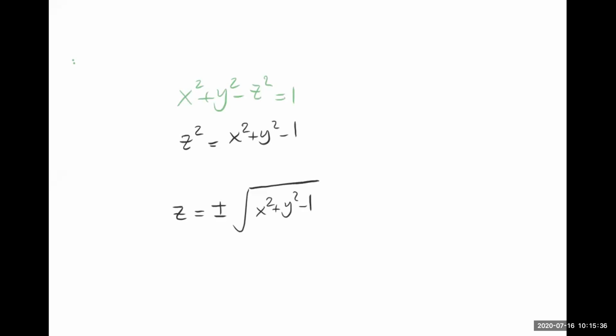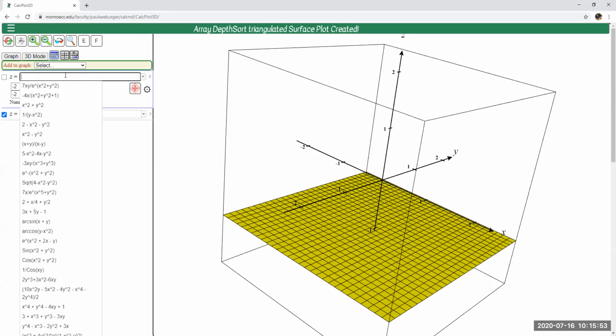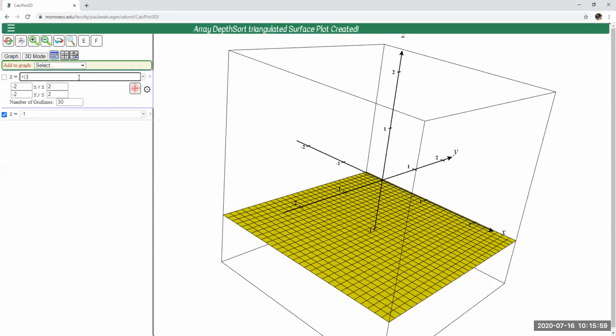Let's sketch the graph of this one. Well, let's ask the computer to sketch the graph of this one. Okay, we should add another one. And okay, we have two of them. One of them is plus, the other one is minus.